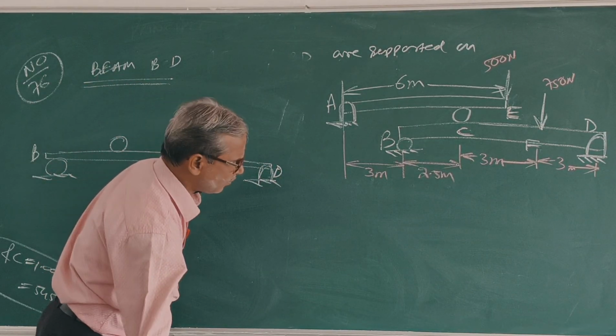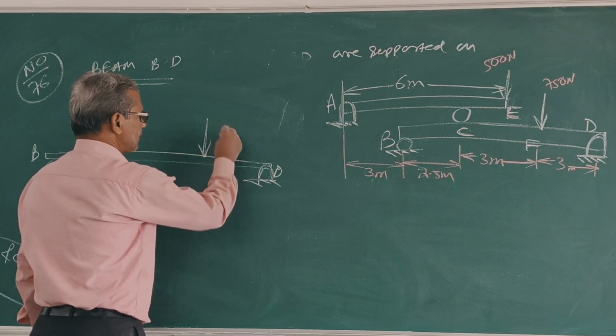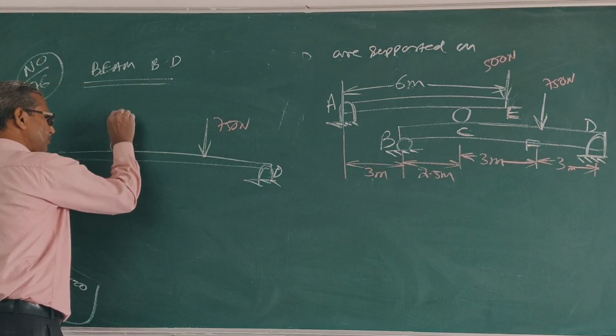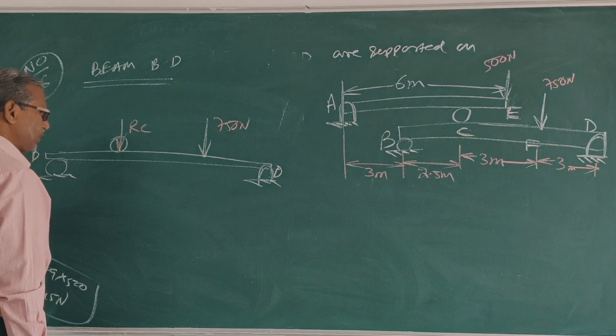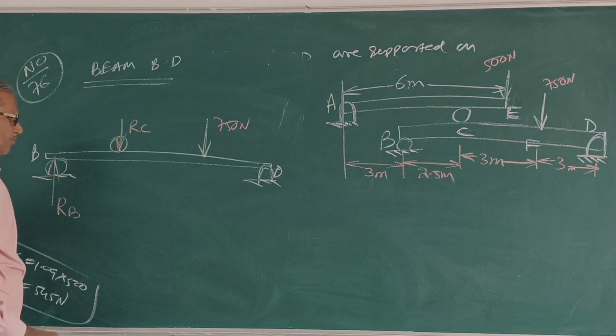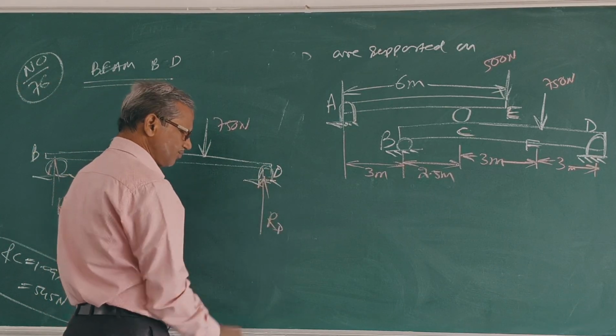This load is 750 Newton. This is RC. What is RC? 545 Newton. This is RB. This is RD. Clear?